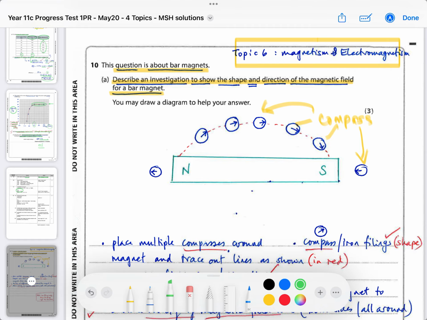So the shape could be done with iron filings, but for the direction, you must use a compass. And you want to put a compass also underneath. So you have to show that there is more than one field line. So you've got to verbalize that to ensure you get the 3 marks.